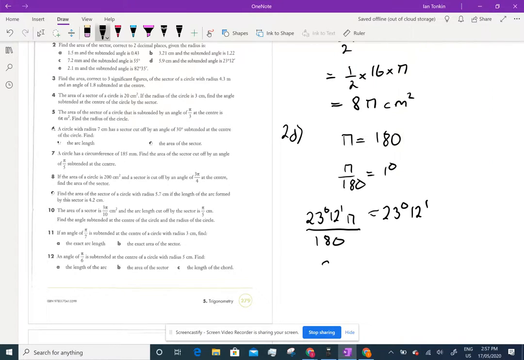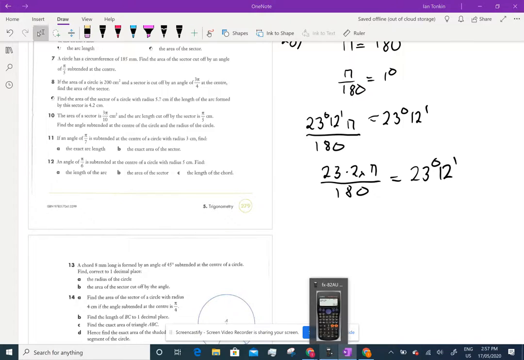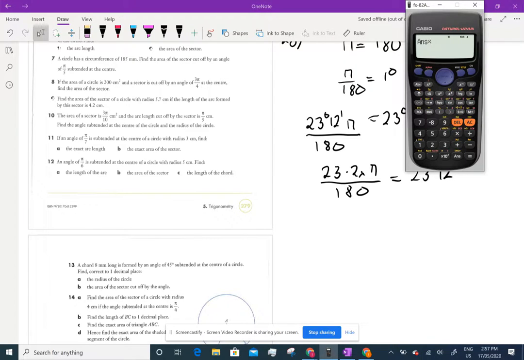So now it becomes a nice easy 23.2 times pi on 180, which gives me, excuse me, we don't want that in degrees, minutes, seconds, we want that as a decimal. So that's what it is in radians.